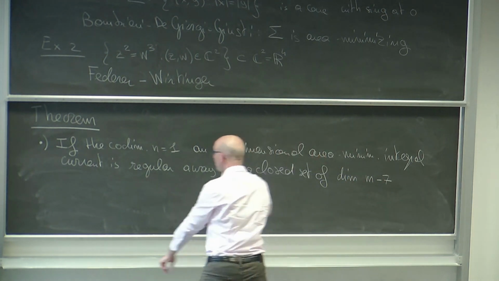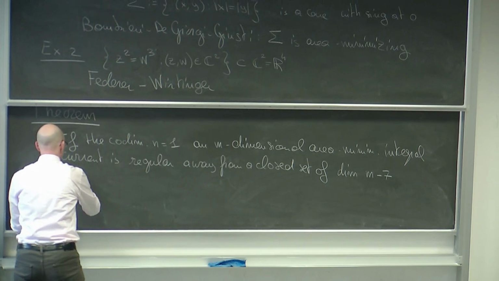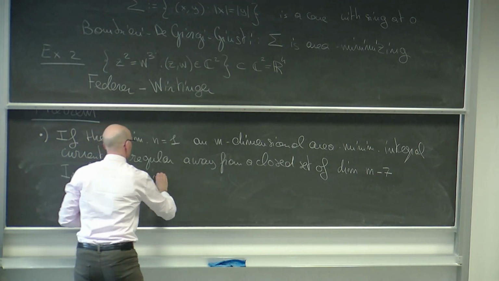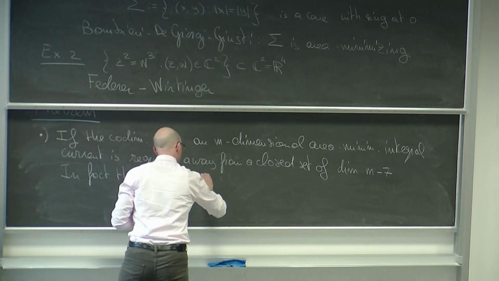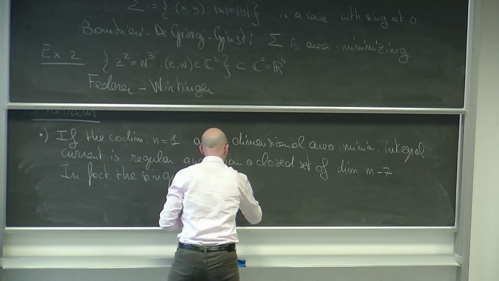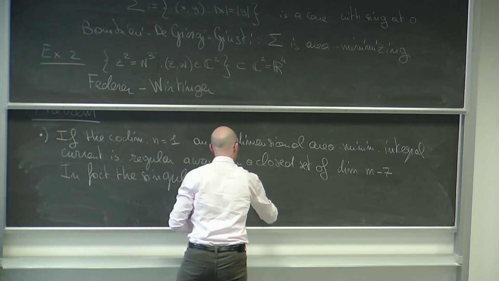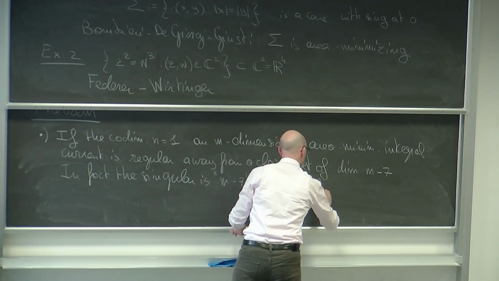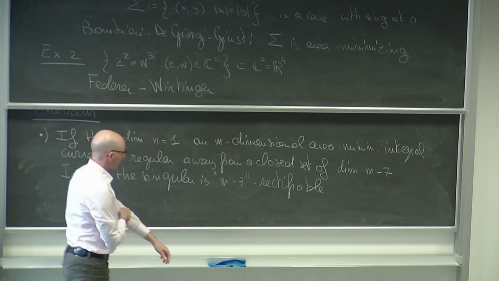Okay? So in fact, the singular set is n minus 7 rectifiable. Okay, so now what does it mean, n minus 7 rectifiable?